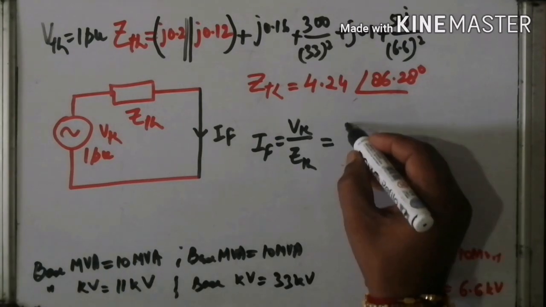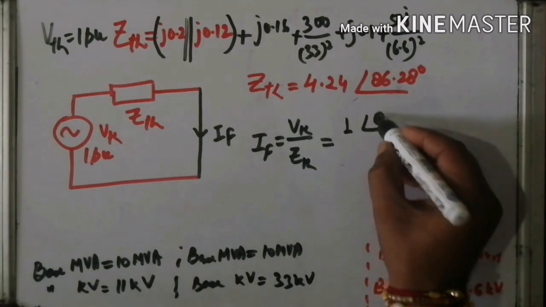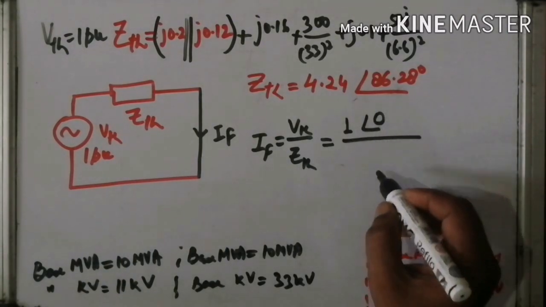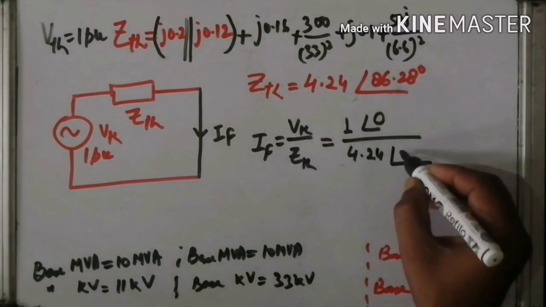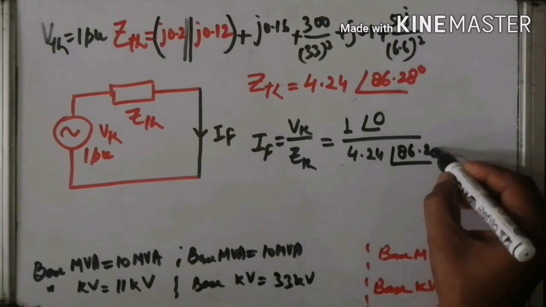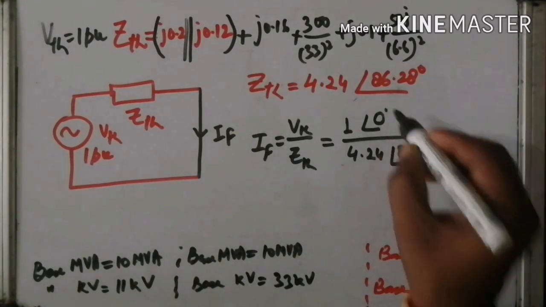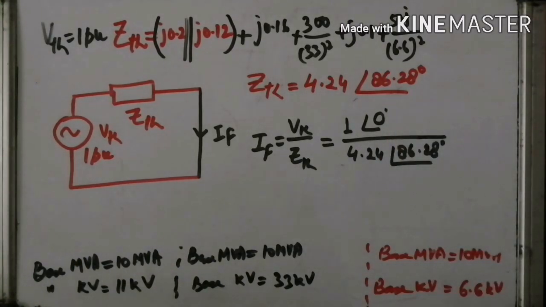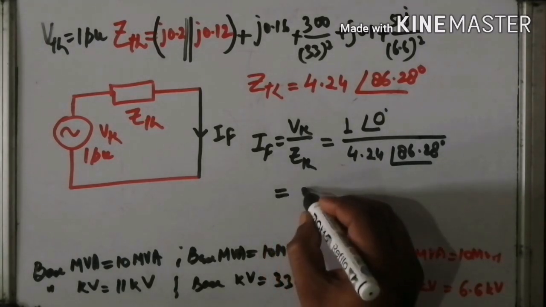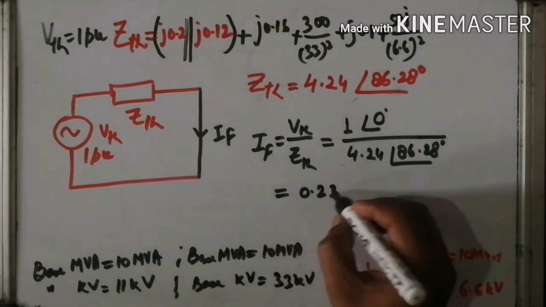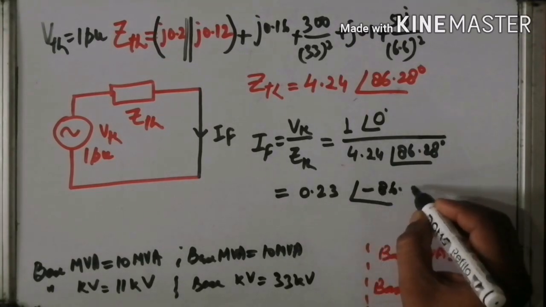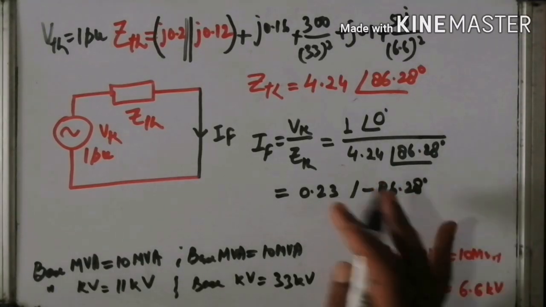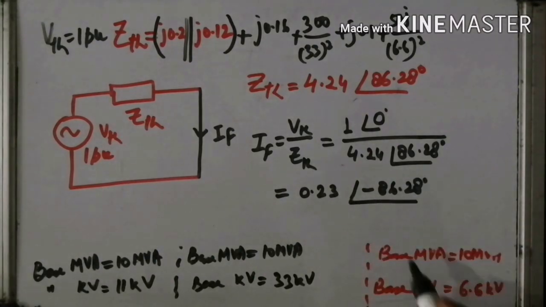It is 1 per unit, so it is 1 angle 0 divided by this one, that is 4.24 angle 86.28 degree. After the calculation, it is 0.23 angle minus 86.28 degree.